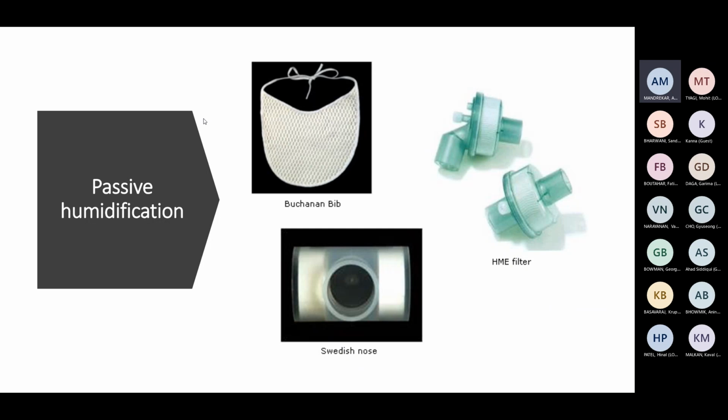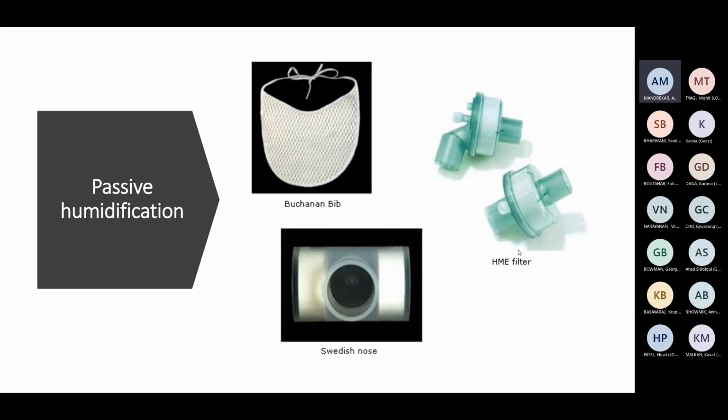So this is a Buchanan PIV, which is a neck-worn apron that covers the laryngectomy stoma, and it helps filter and humidify air. This is a Swedish nose, which can be fit on the stoma or connected to the tracheostomy tube, that also helps to maintain moisture.